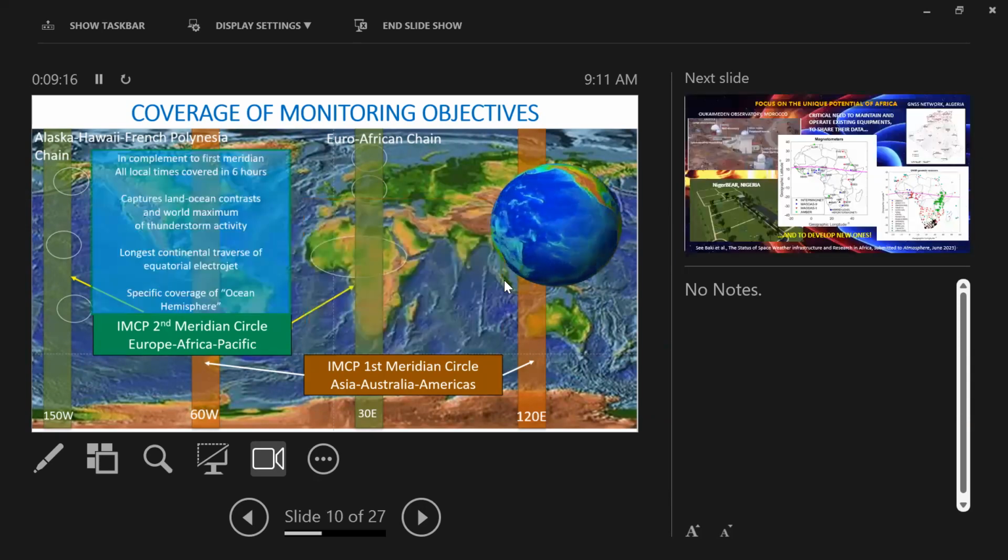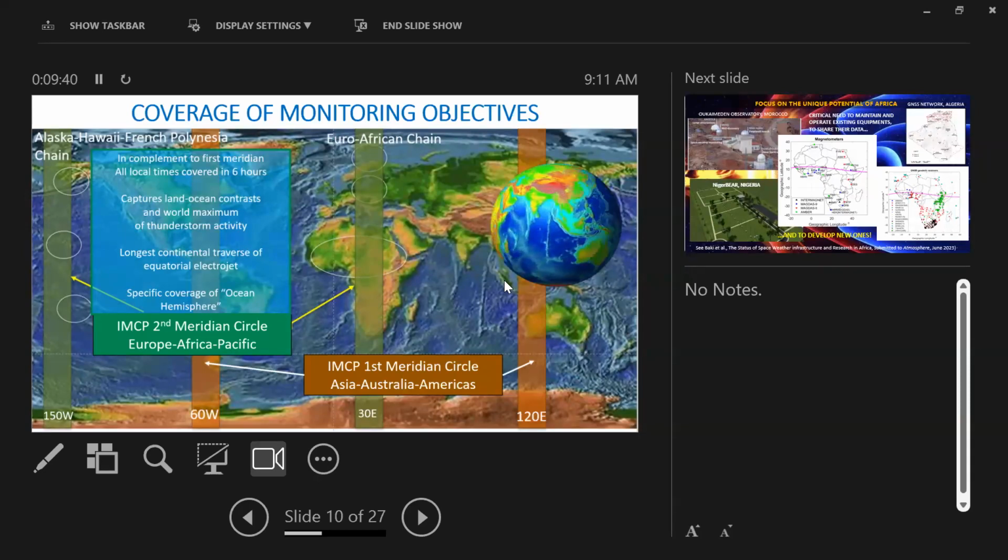We go to the second great meridian, this one. Here, in addition to the first one, you now have two great circles in quadrature so that you can cover all local times in 6 hours of UT. This one will capture the land-ocean contrast between basically Africa and the Pacific in climate and weather, which is very important.